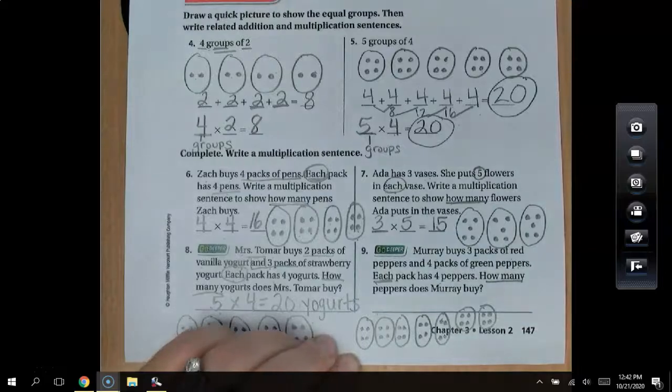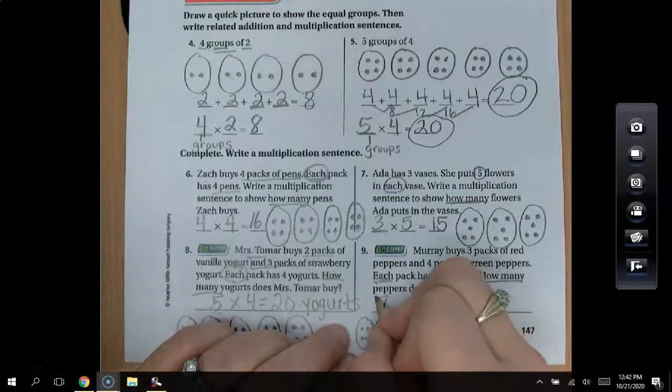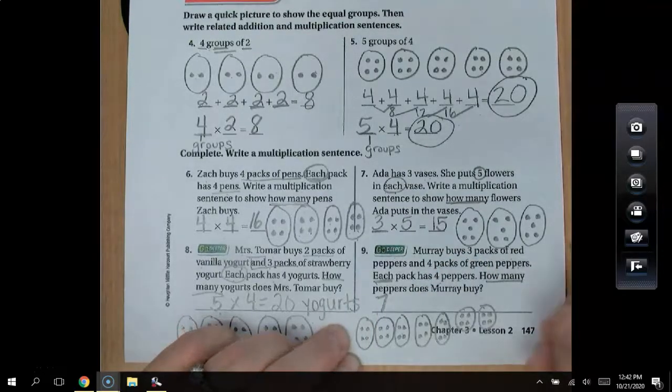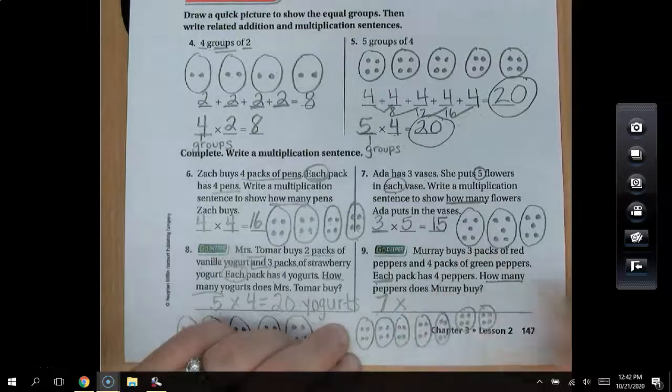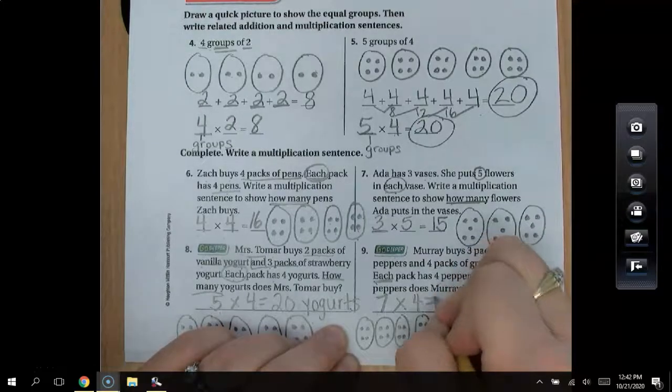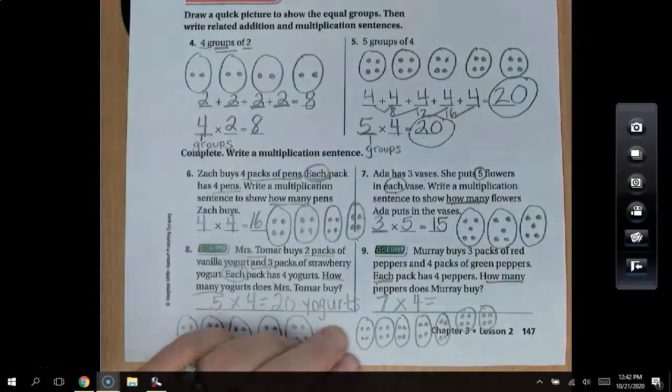Great job. So let's write our multiplication sentence. How many packs of peppers do we have? 1, 2, 3, 4, 5, 6, 7. I have 7 packs of peppers because remember I have 3 red and 4 green times, well, how many peppers are in each group? 4. So I need to figure out what 7 times 4 is.